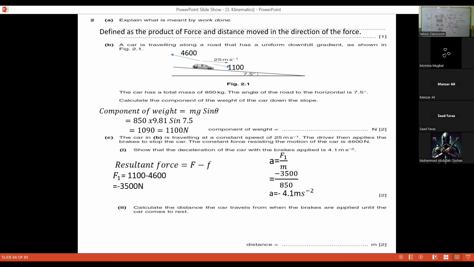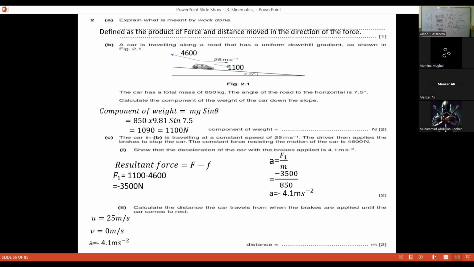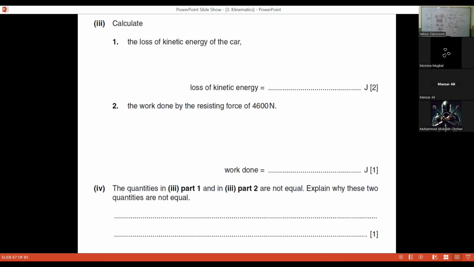Constant acceleration. आपको मालूम है, you have to find the value of distance. V square minus U square: 0 minus 25 square is equal to 2 times minus 4.1 times S. We simplify that for the value of S. We have the value of S here. Loss of kinetic energy, half mv square.